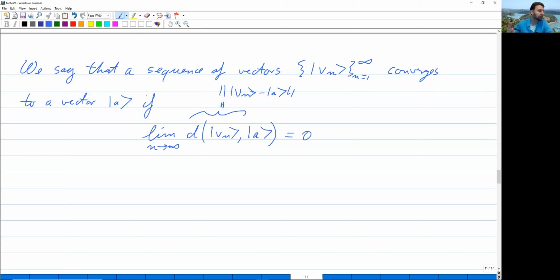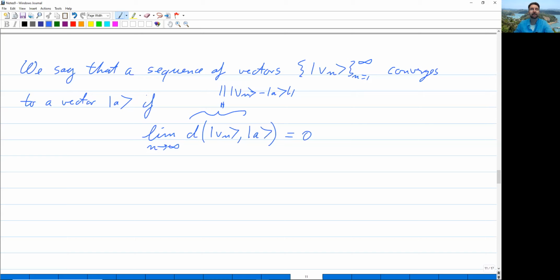So for example, you could imagine in quantum mechanics that you have a sequence of vectors that describe a sequence of experiments that you may want to do. For example, check whether the system is in the state V1, and then you do an experiment where you check whether it's in a state V2, and then you check whether it's in a state V3, and so on. And these subsequent states might describe, for example, increasing levels of localization.